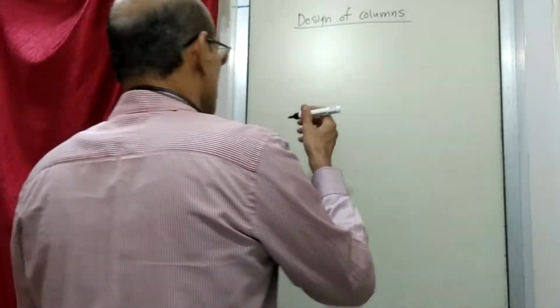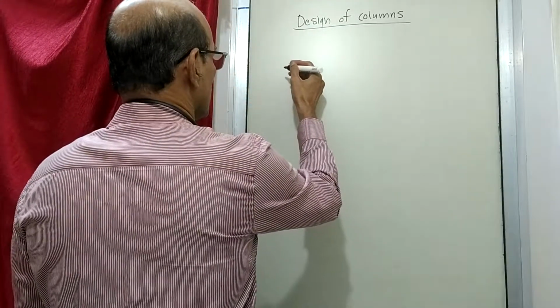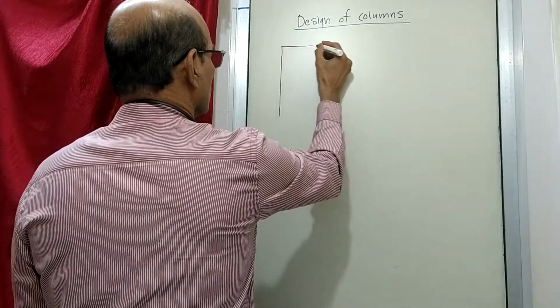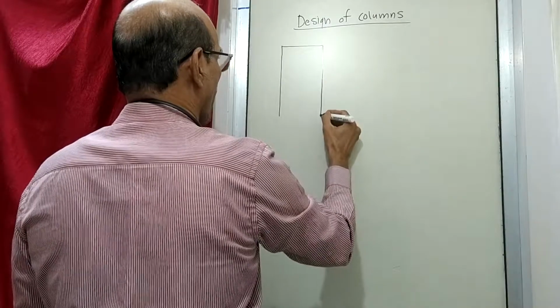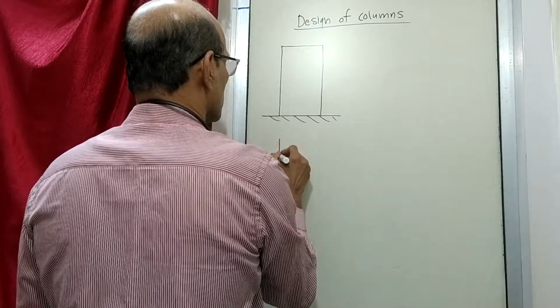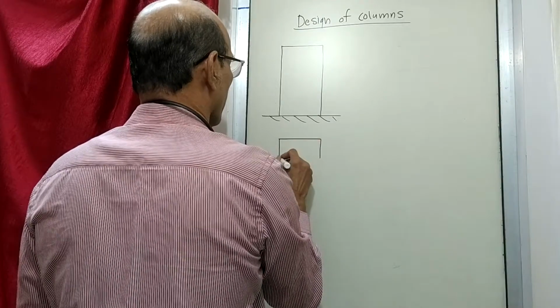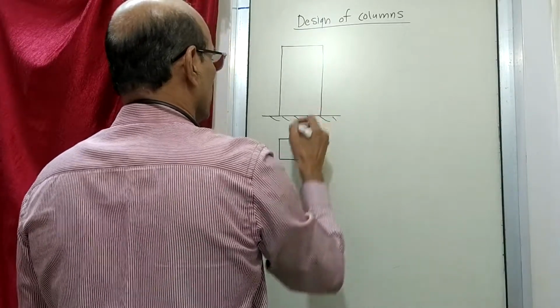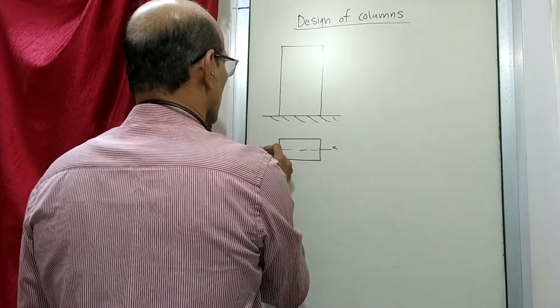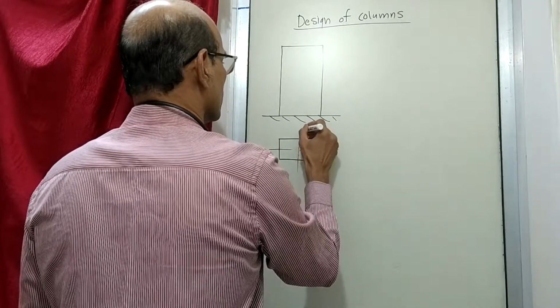So let's take a case where there is a column. I will draw like this. This is the top view of the column. Maybe I can call this the x-axis and this the y-axis.